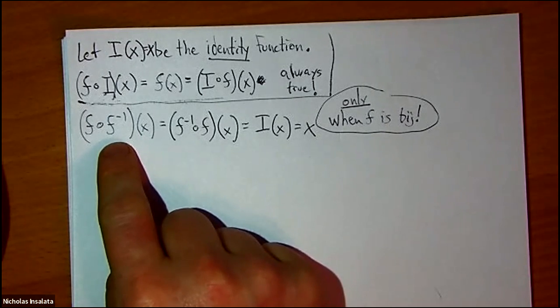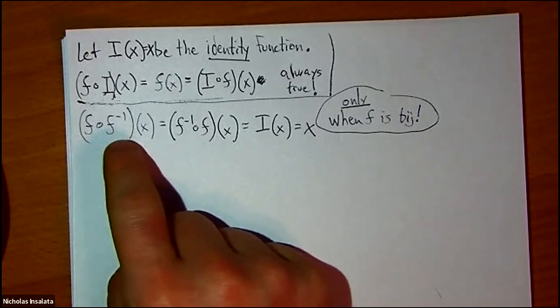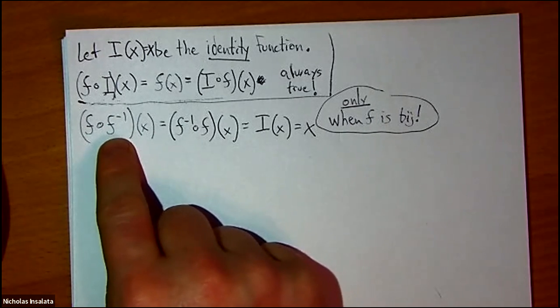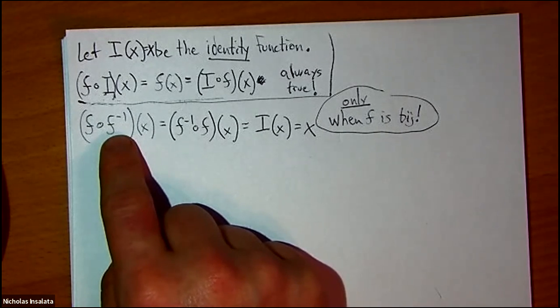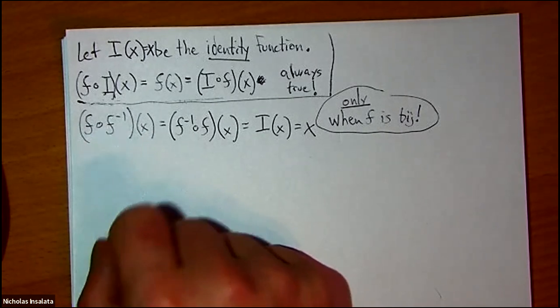You could say the inverse exists, but it wouldn't be well defined for all of the inputs. There'd be the same output giving you back multiple inputs, which is not a function. Yeah, excellent. Very good.